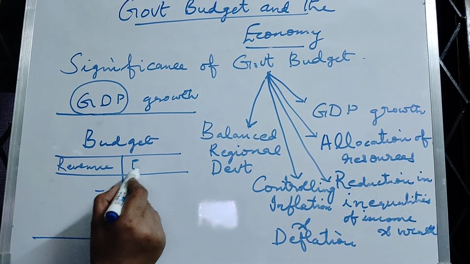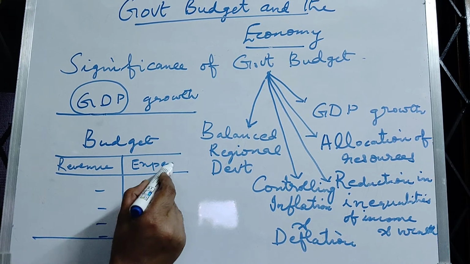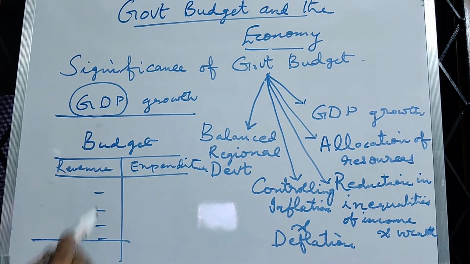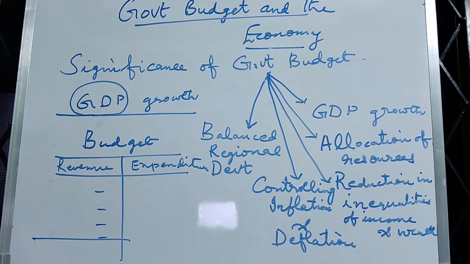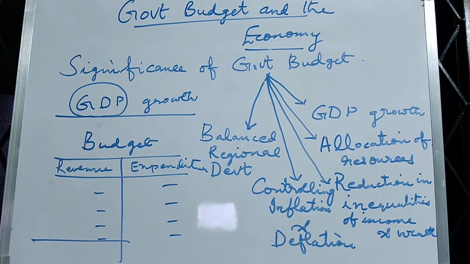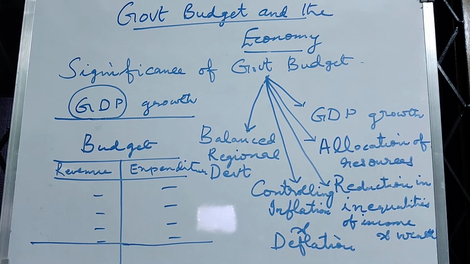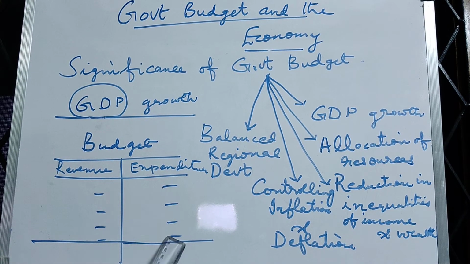And then, what are the different sources of expenditure to the government? That means, on which items the government is required to spend money. The different items on which the government spends money are listed out. Such a statement is known as a budget. While preparing this budget, the government takes into consideration that it will spend money on such items which will help in the development of the economy.